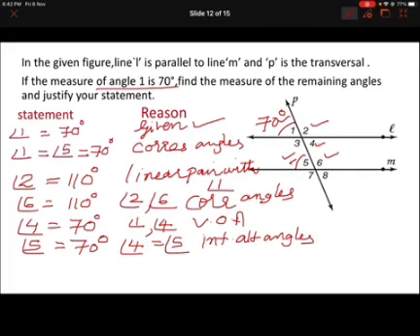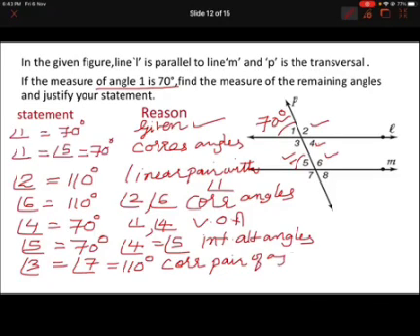Clear? So we found 1, 2, 6, 4 and 5. Now let us see angle 3. I'll write angle 3 is equal to angle 7 is equal to 110 degrees. The reason is angle 3 and 7 are a corresponding pair of angles.